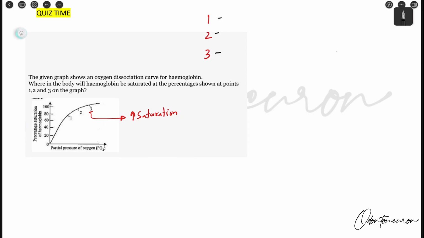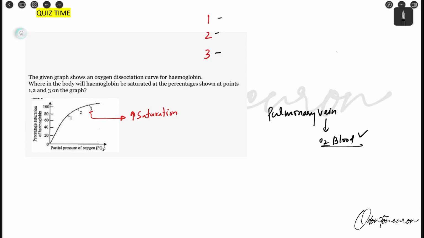Why in the pulmonary vein? Because the pulmonary vein carries oxygenated blood. Therefore the saturation is higher there, very good in the pulmonary vein.